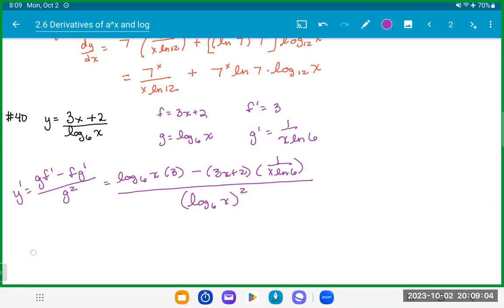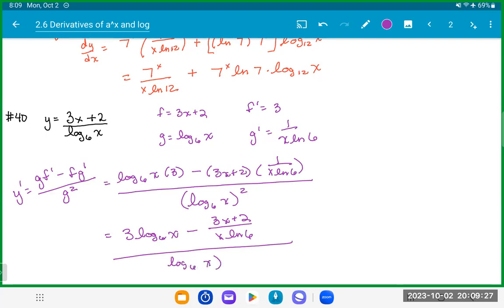Really the most we could do here is multiply this, so we bring the 3 to the front. So we have 3 log base 6 of x minus 3x plus 2 in the numerator, x ln of 6 in the denominator, and then our log base 6 of x squared. And that's really as simple as we can take that problem.